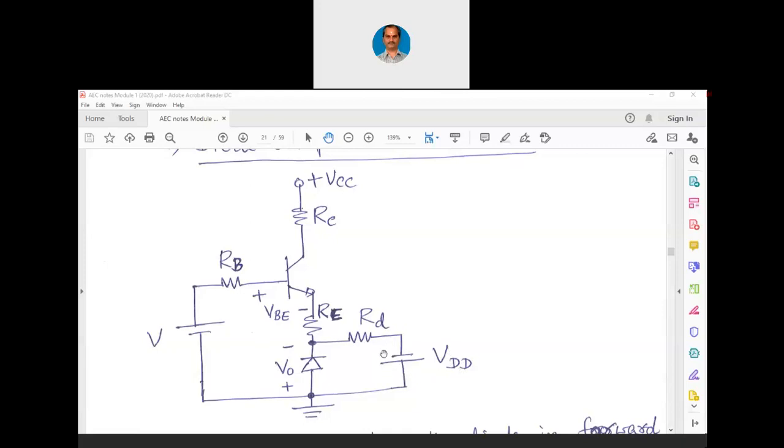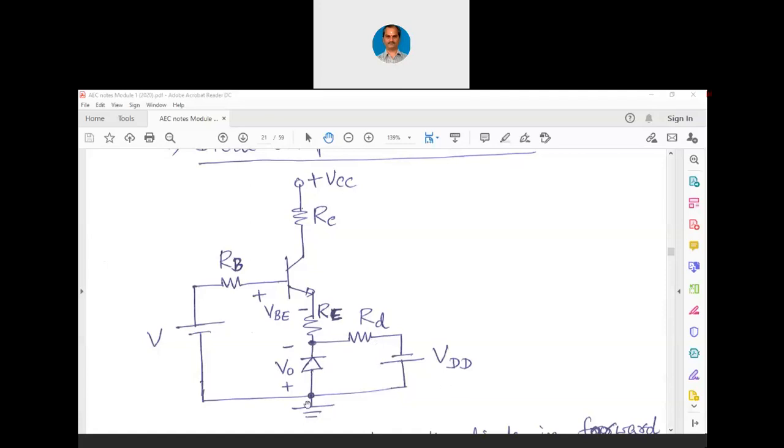This is especially mentioned as VDD because it is used for biasing this particular diode. Now look at the circuit. RB, RC, RE are common with all our earlier circuitry. The only difference here is this diode, which has a voltage across it notated here as V0, and then we have this RD and then we have this VDD.